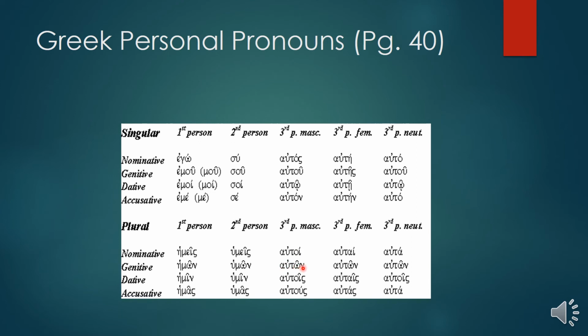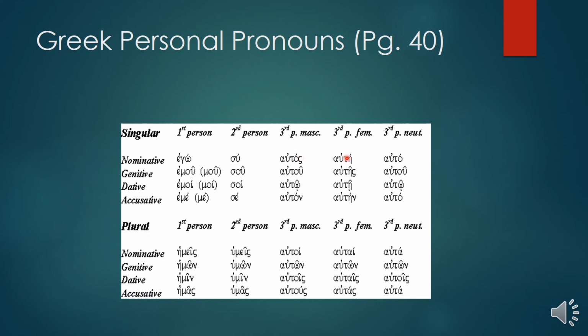Auton is of them. So they, of them. Autois is to them, meaning men. Autous is just them, meaning men, since it's masculine.